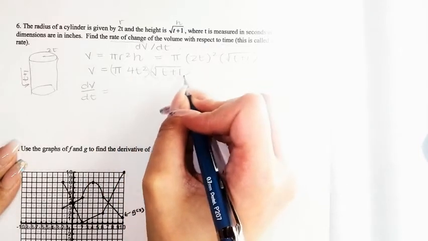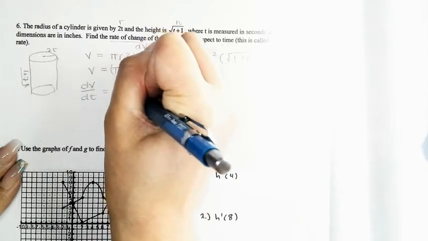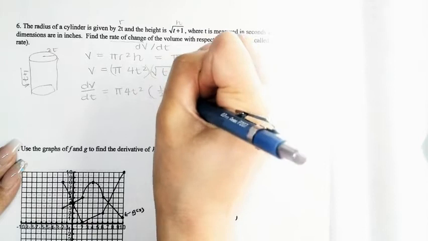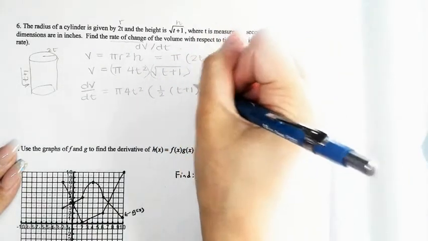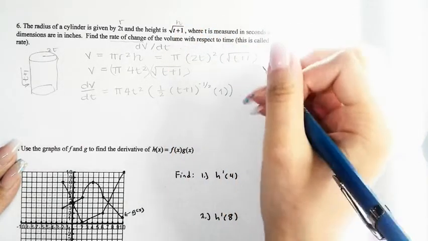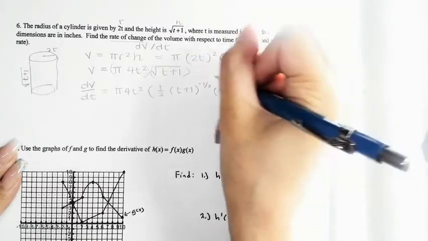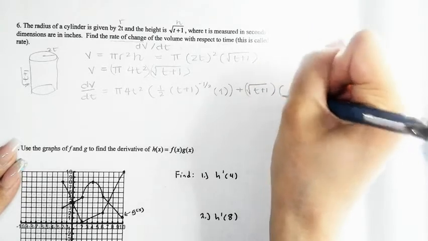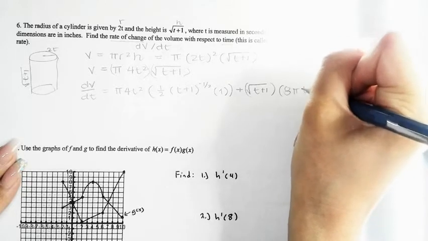So you have this function and this function, so it's going to be the first one times the derivative of the second one, which is 1/2 (t plus 1) to the negative half, times 1 because of the derivative of the inside. Close that one, plus this guy times the derivative of this one, which you know is going to be 8 pi t.